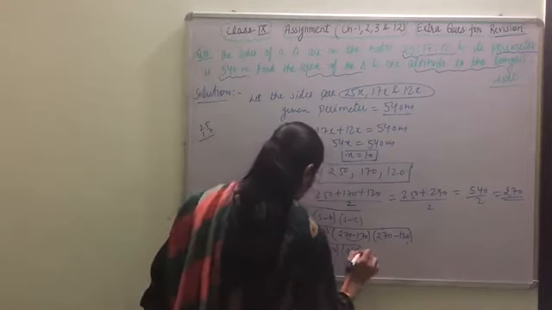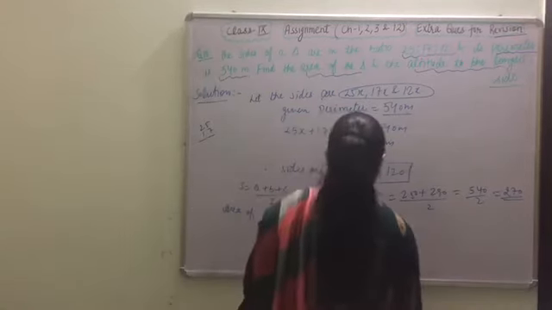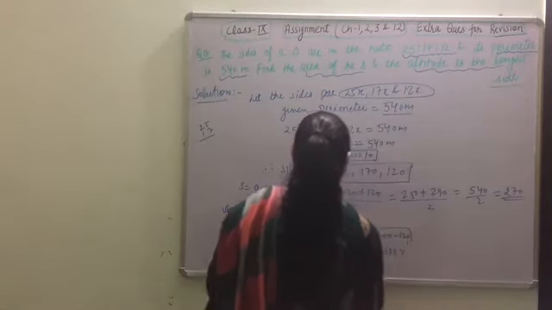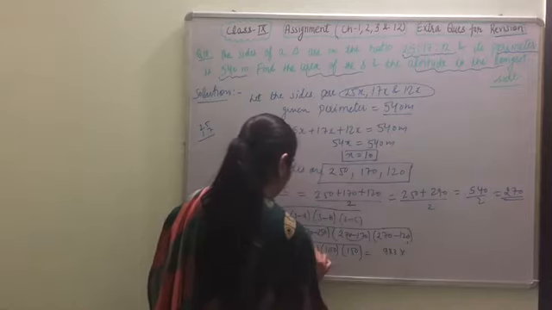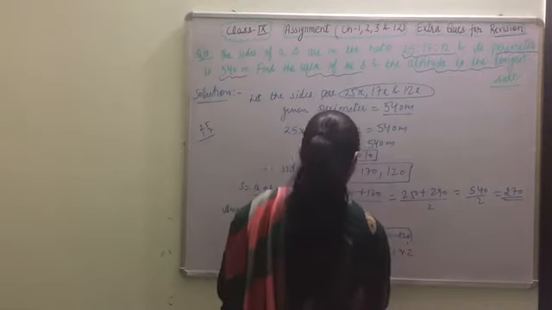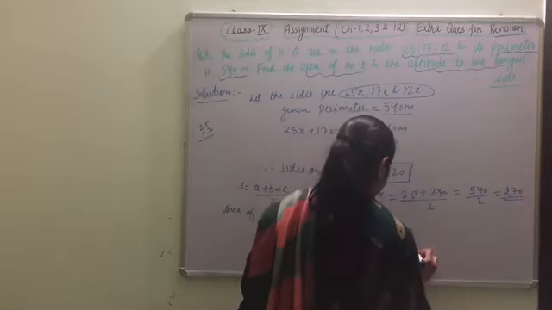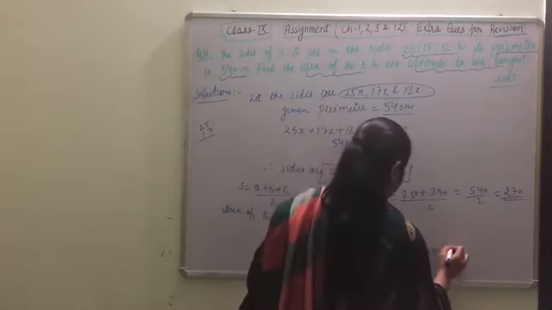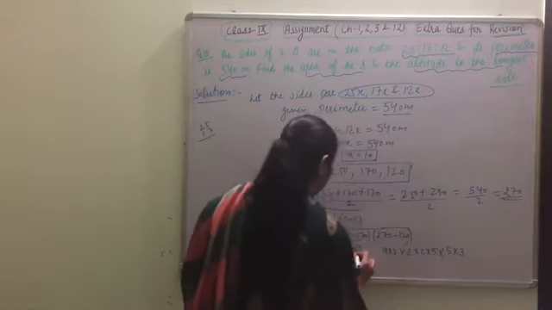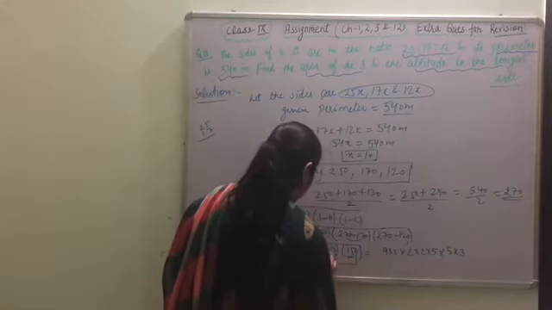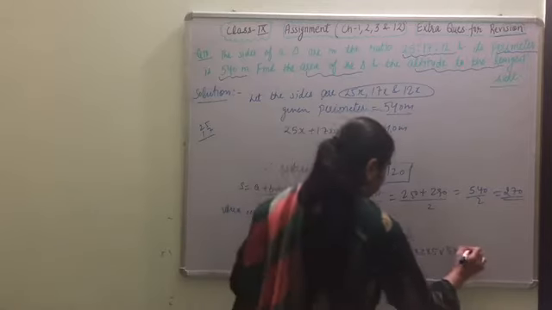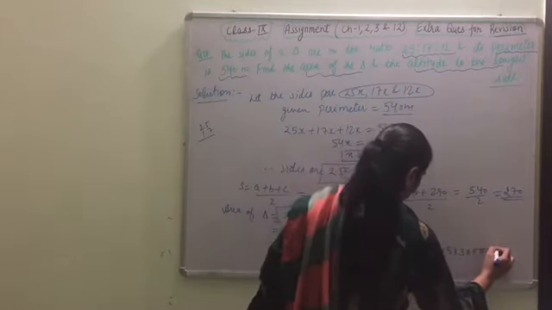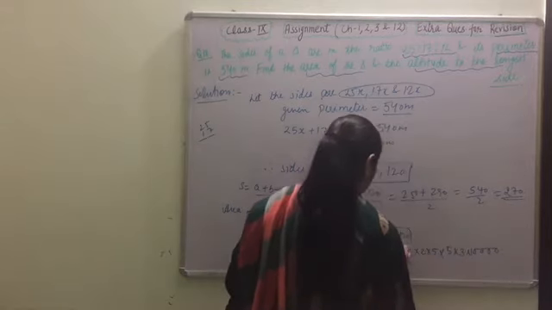We'll find out the factors here. We can write 270 as 9 into 3, factors of 27 I am taking into 10. This 20 I am writing as it is, this 100 as 10 into 10, and this 150 as 15 into 10. Now zeros: total 4 zeros.